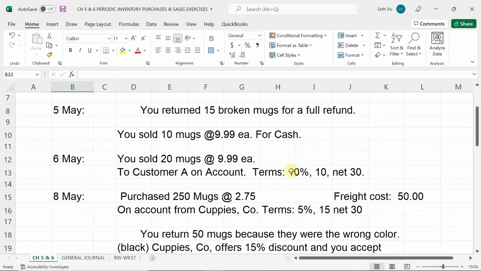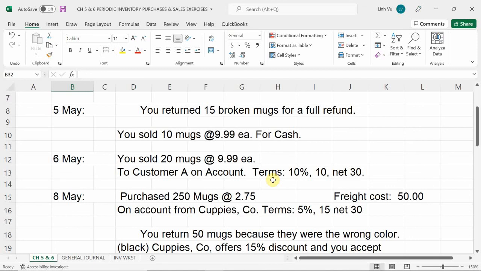We offered customer A terms, right? Yes. Okay. Now, this is a condition that customer A can take a 10% discount off of the items if they pay within 10 days. If not, the entire bill is due in 30.